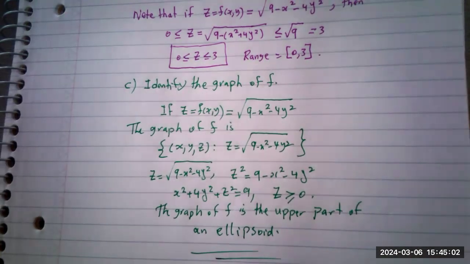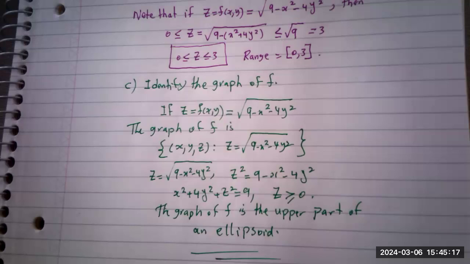Since you take the square root, remember, it's not going to be a full ellipsoid. It's going to be just one portion, half. So this is going to be the result.